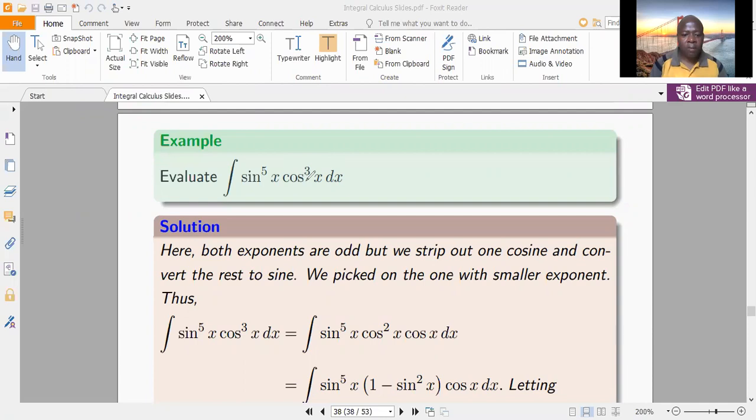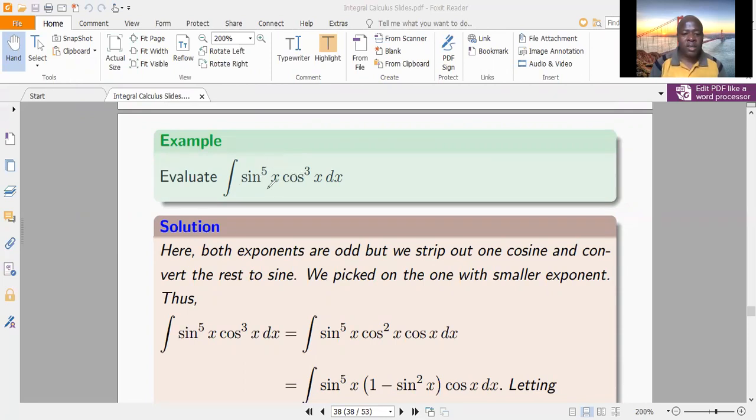So, where both exponents are odd, you may decide to strip one sine and convert the rest to cosine and proceed the way we've done in the previous examples, or you may decide to strip one cosine and convert the rest to sine and proceed the way we've done in the other examples.